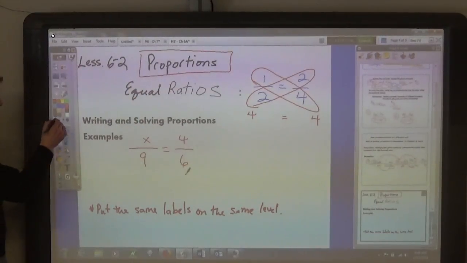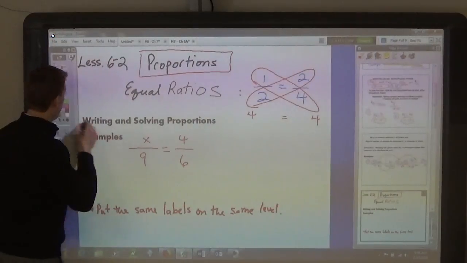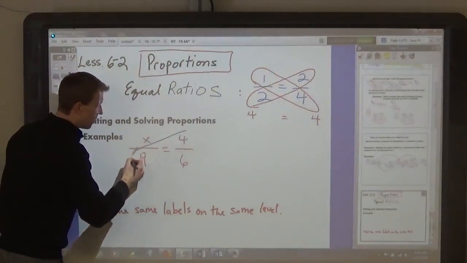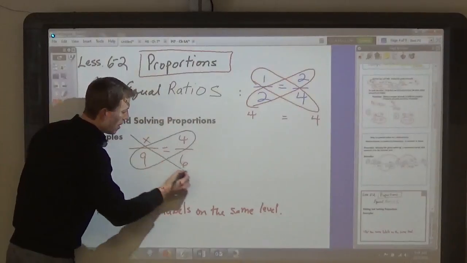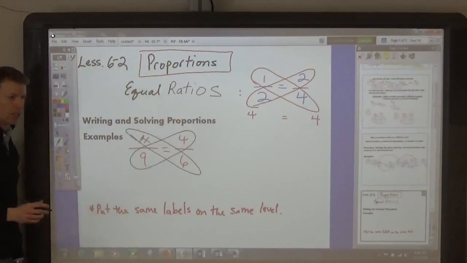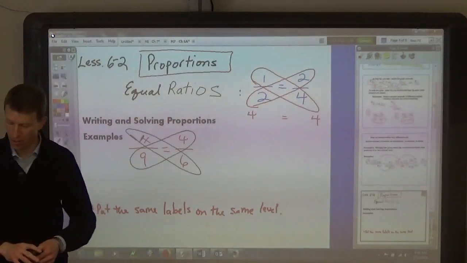Okay? So by finding the cross products and making them equal to each other, you can get a very simple equation that you can solve.